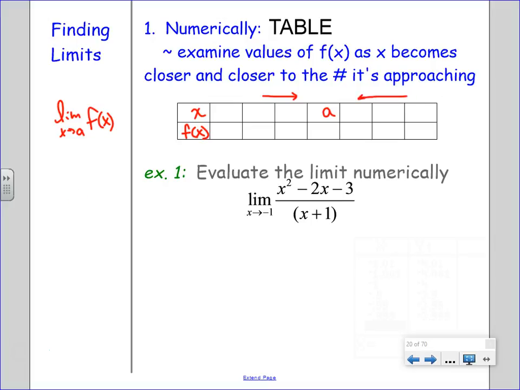And I'm asking myself, as I plug in X values getting closer and closer from below and from above, what single y value, if possible, is the function approaching from below and above?